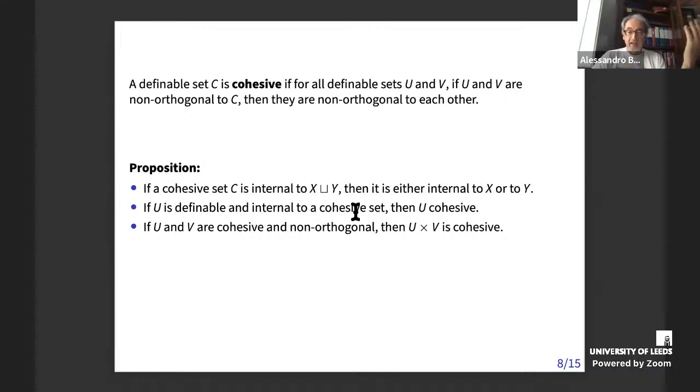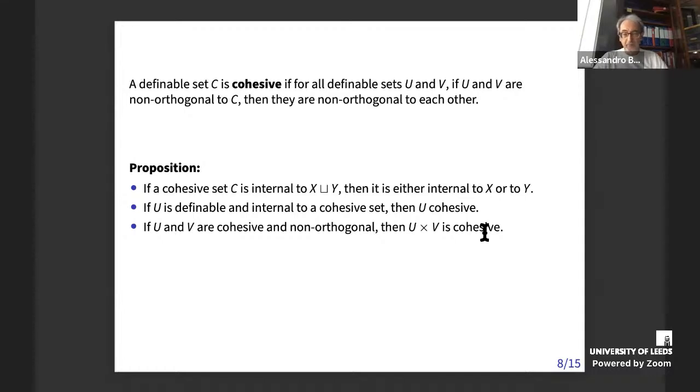If something is internal to a cohesive set, it is itself cohesive. So all parts of a cohesive set are cohesive. And if U and V are cohesive and non-orthogonal to each other, then the product is cohesive. So once you have a cohesive set, you have a whole universe of cohesive sets. You can take Cartesian products, subsets, and everything is cohesive. So most interesting structures are cohesive.